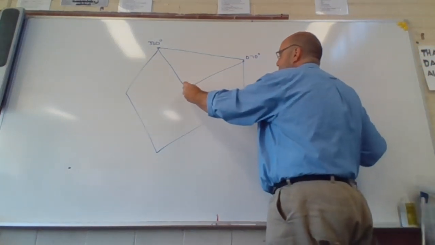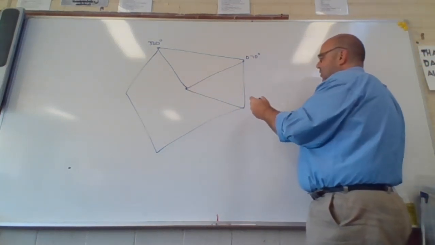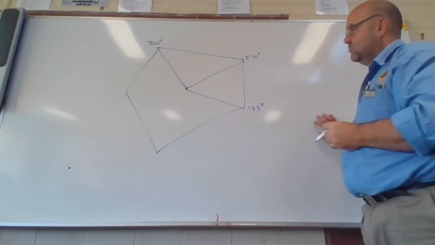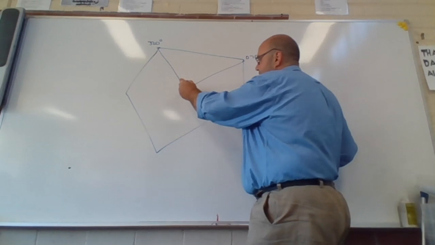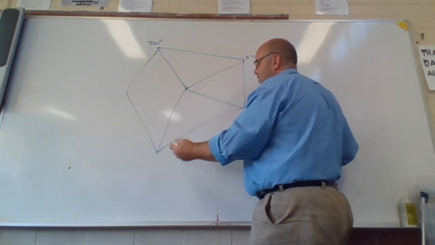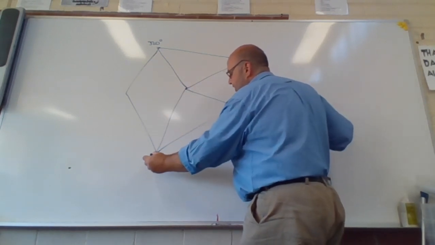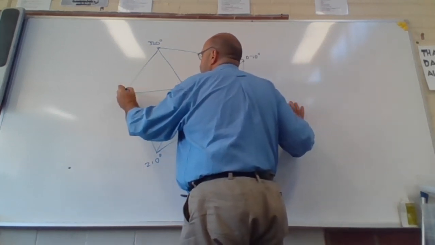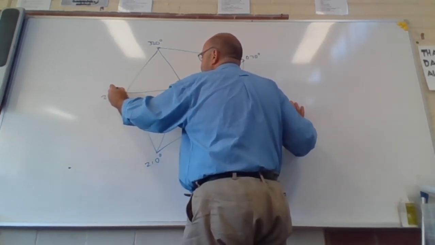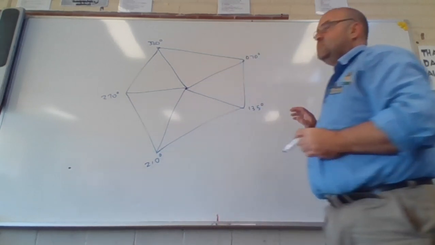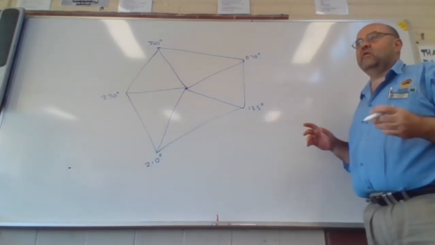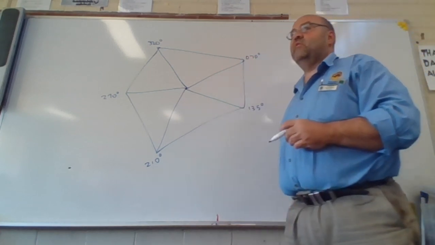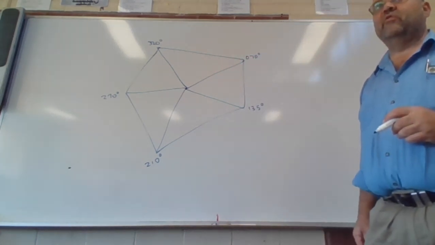This one down here might have had a bearing of 135 degrees. This one down here could have had a bearing of, say, 210 degrees. And this one out here might have been due west at 270 degrees. So that was when they looked at the bearings of each corner of their field.